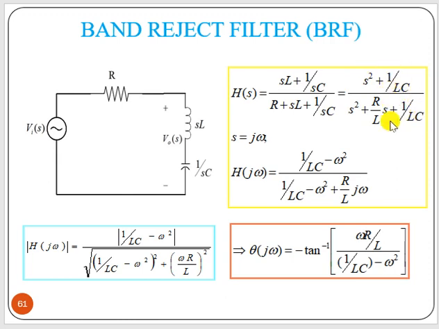So if we put s equal to j omega, we can find out the magnitude response and the value of phase angle also. Here we have the omega R by L term divided by 1 by LC minus omega square, that is, imaginary part divided by real part.